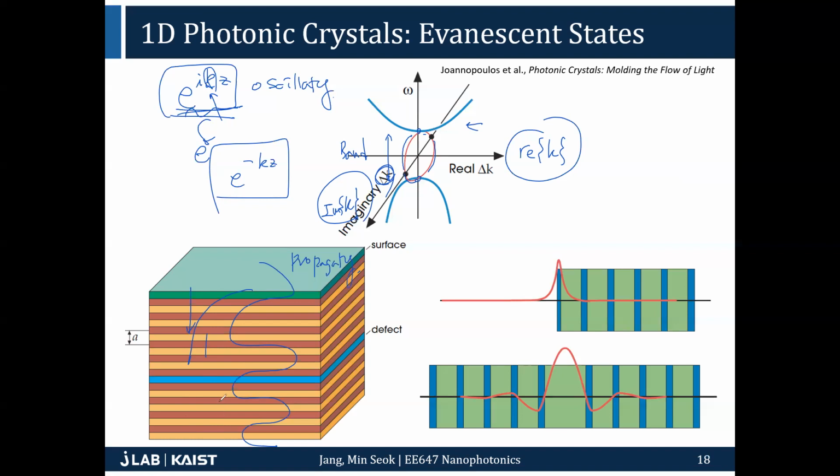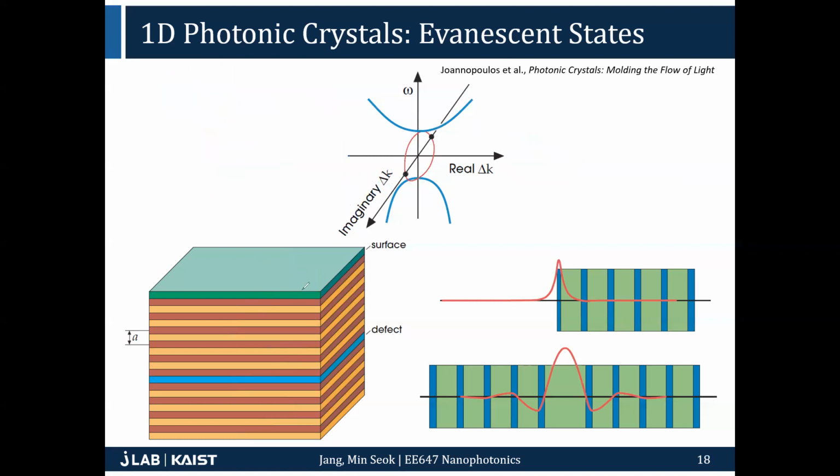And what's the implication of it then? Why do we even care about it? Well, we do care about it because it can mean something interesting. For instance, let's look at the surface of the 1D photonic crystal.